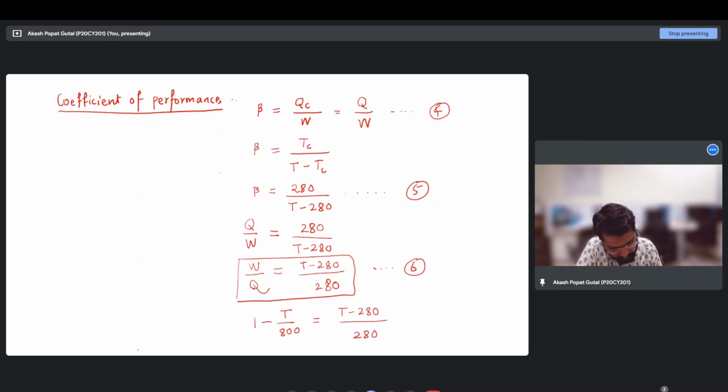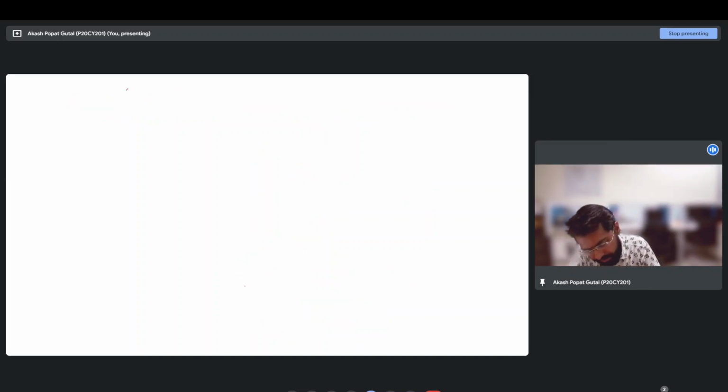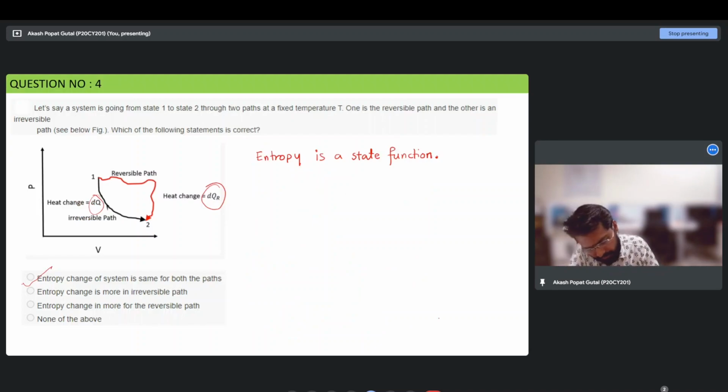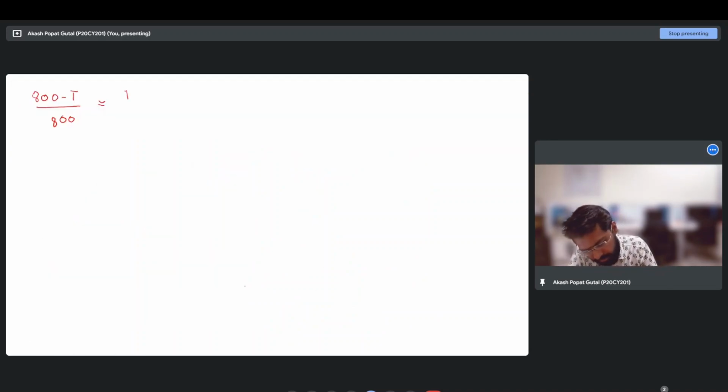Fine. So we can write it as 800 minus T divided by 800 is equal to T minus 280 upon 280.